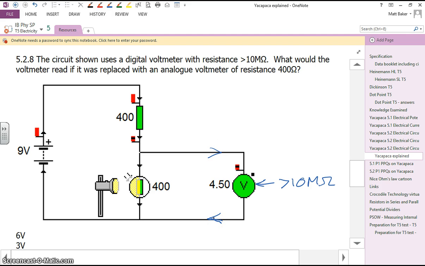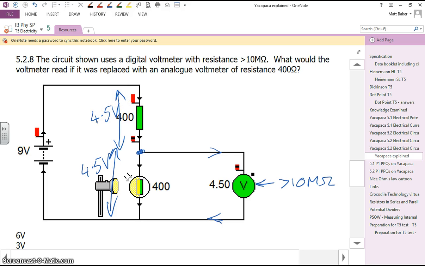Which means that there isn't any current flowing through it, so it won't affect the potential difference at this point, the voltage at this point here. And as you can see, this is just a potential divider circuit, so you put 9 volts in. Each of these resistors get an equal share of the voltage, 4.5 volts across this one and 4.5 volts across this one.